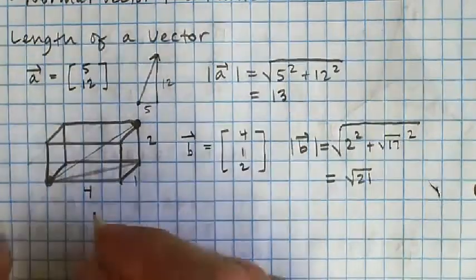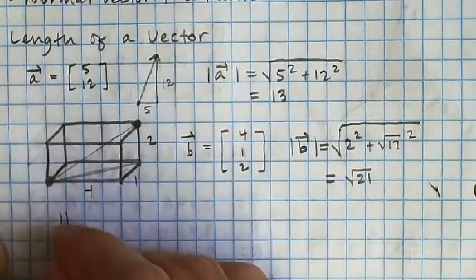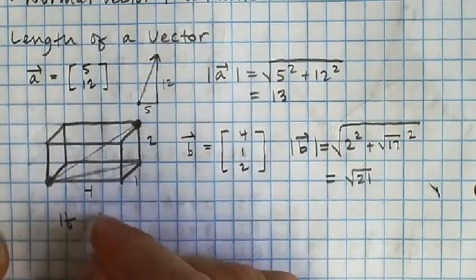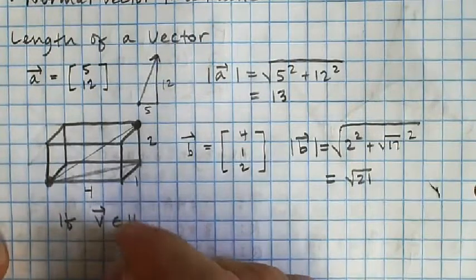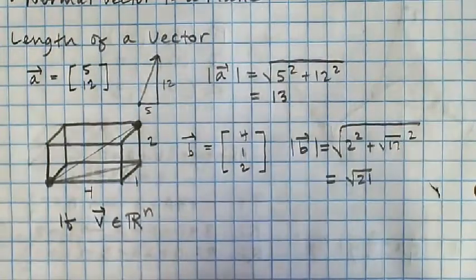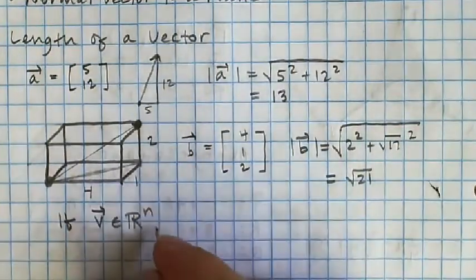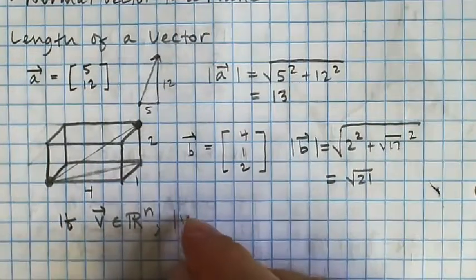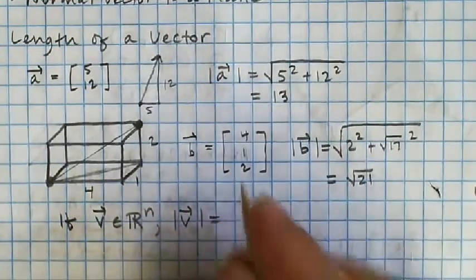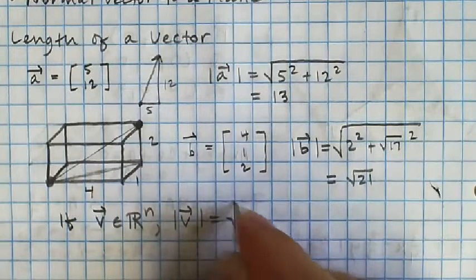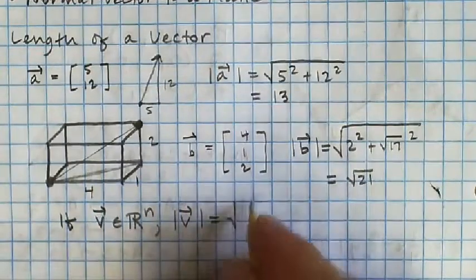Okay, in general, if vector v is an element of Rn, which is to say that it's an n-dimensional vector, then we're going to define the length of v as the square root of the sum of the squares of the components.